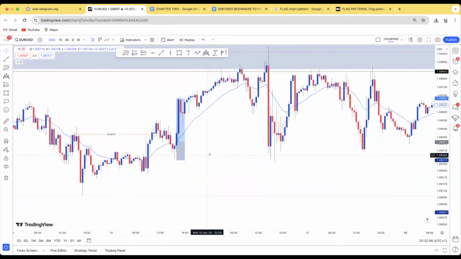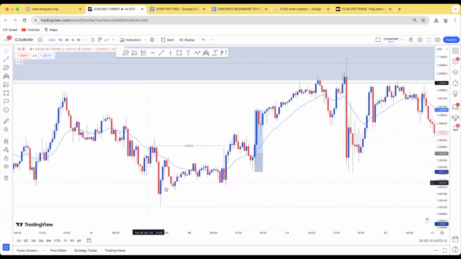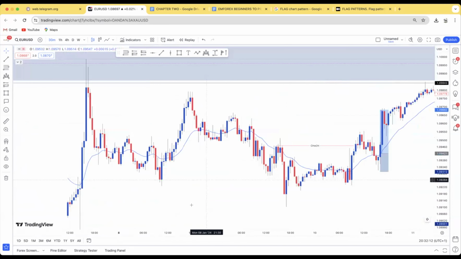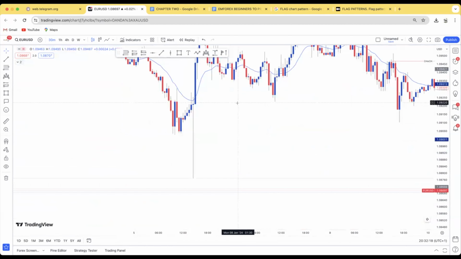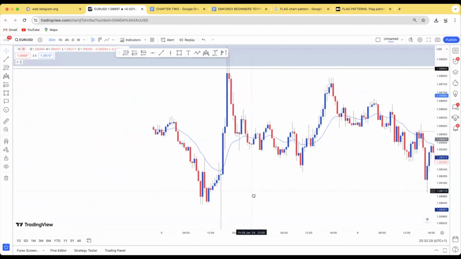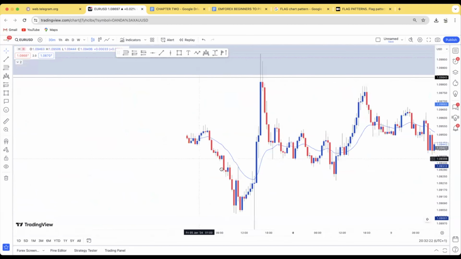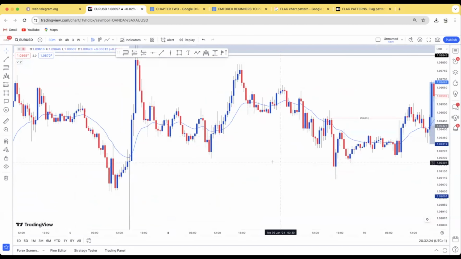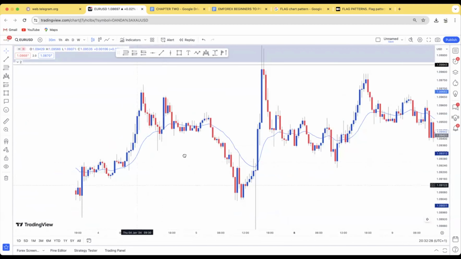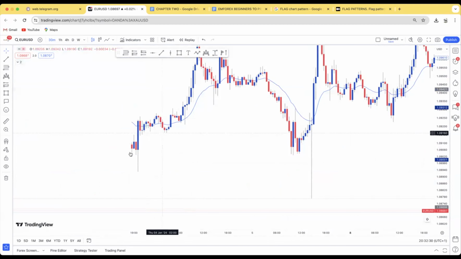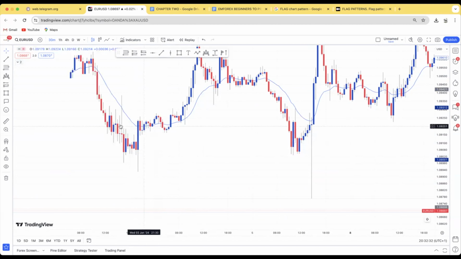In this case, it's going to be a bearish candlestick, and then a longer wick at the top, and then a smaller body. Let's see if we can identify them.